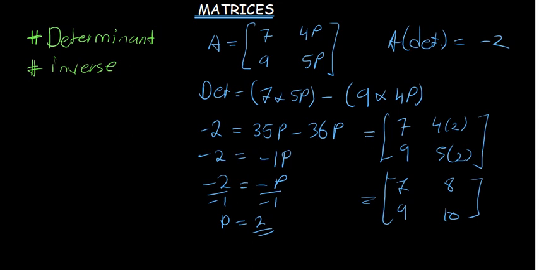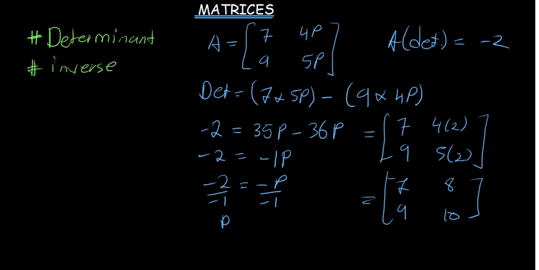What are we going to have? We are going to have 70. Okay, minus 9 multiplied by 8. We're going to have something like 70 minus 72. Hence, that's where the -2 as the determinant is coming from. That means our answer is very much correct.